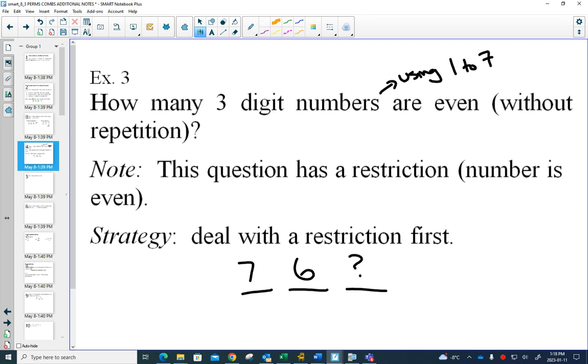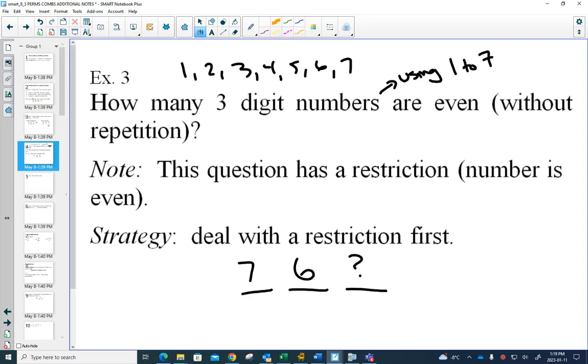Now, if we think about 1, 2, 3, 4, 5, 6, 7, does it make sense that the last number has to be either a 2, a 4, or a 6? But the problem with how we've started this right now, when I put a 7 in here, that means I have chosen one of the 7 numbers, but I don't know which one. That 7 doesn't mean you put a 7 there.